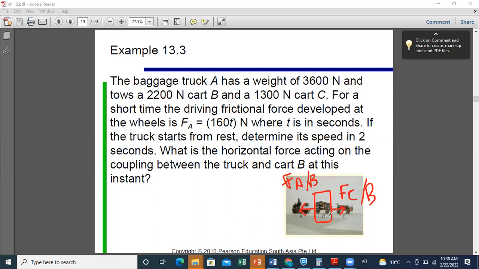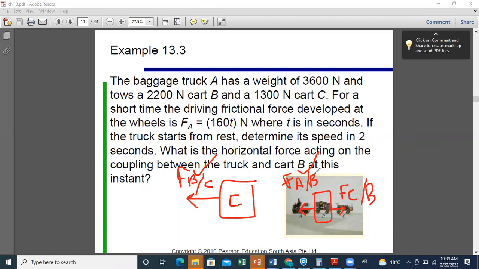Exactly. I would need to take C as a system too, and say that for C I just have F of B on C. Then I write two equations with two unknowns, which are F of A on B and F of B on C. By action reaction these are equal in magnitude but opposite in direction. So we can take B, but then we are increasing the steps because we need another equation.